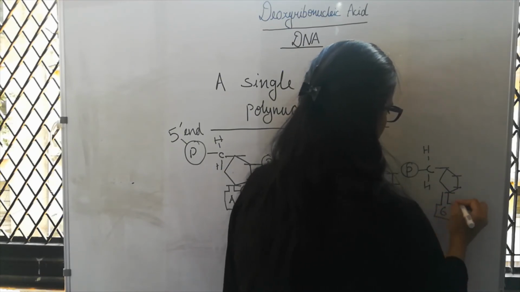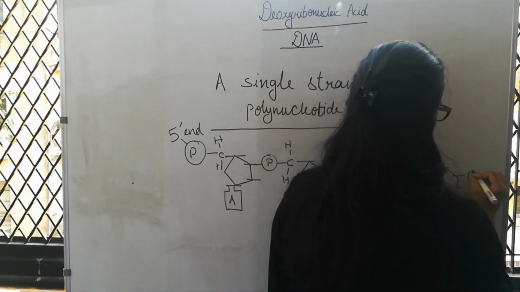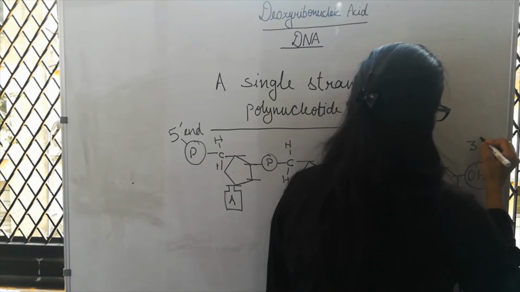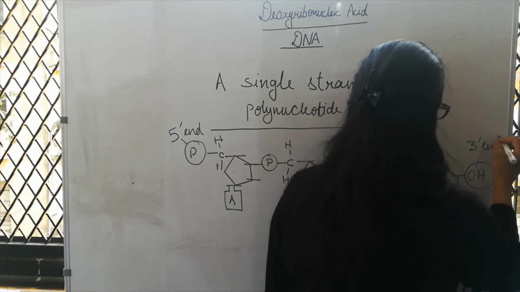It could be guanine, and here a hydroxyl group is present, free OH is present, and this is the 3' end.